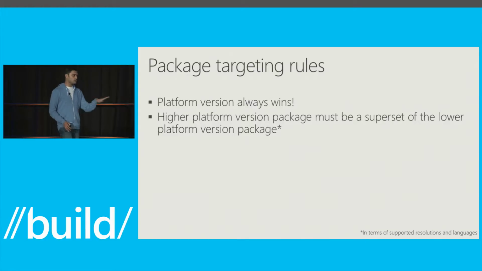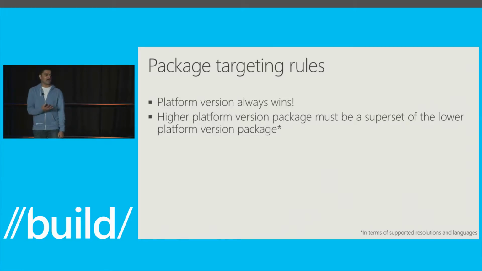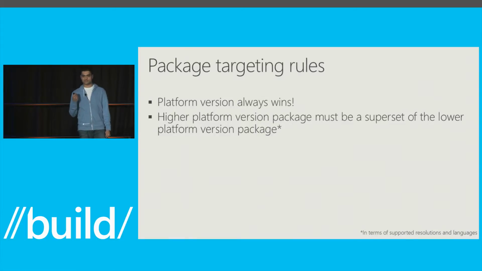So if I have a Windows Phone 8.1 device with German set as the language, I will get that package. Now you update the app and add an 8.1 package to it, but you forgot to localize it in German. This 8.1 user with German on his phone is going to get an update to this package, and suddenly his app is going to go English.